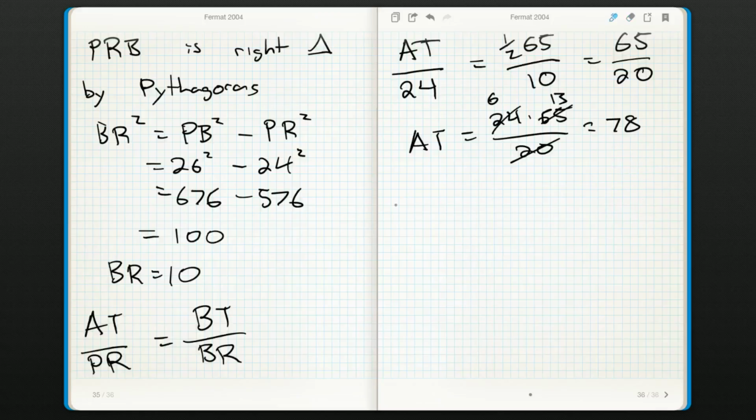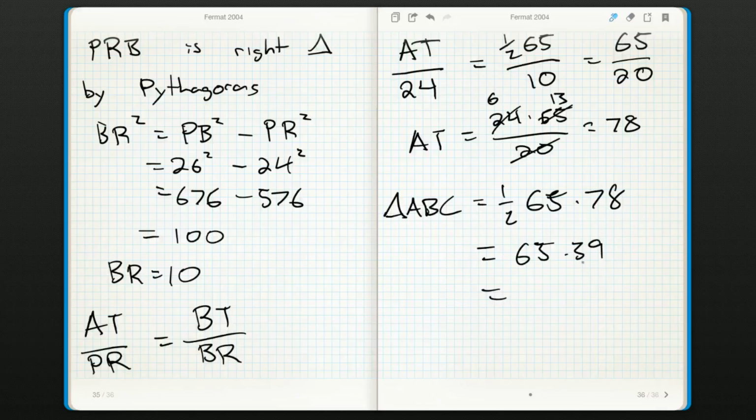So now, triangle ABC, the thing we want is 1/2 base times height. So this is 65, and the half and the 78 will cancel out to give me 39. 65 times 39, that would be 5 times 3 times 13 squared.